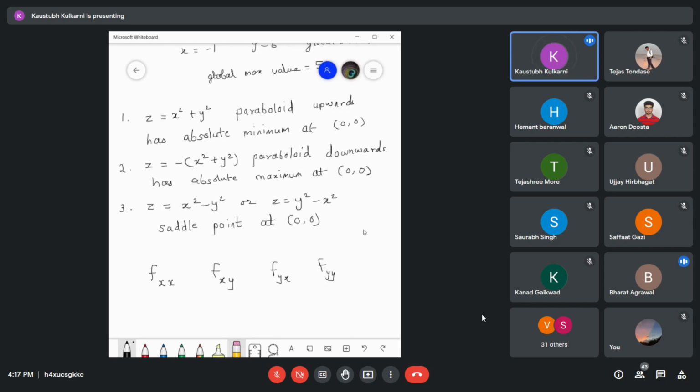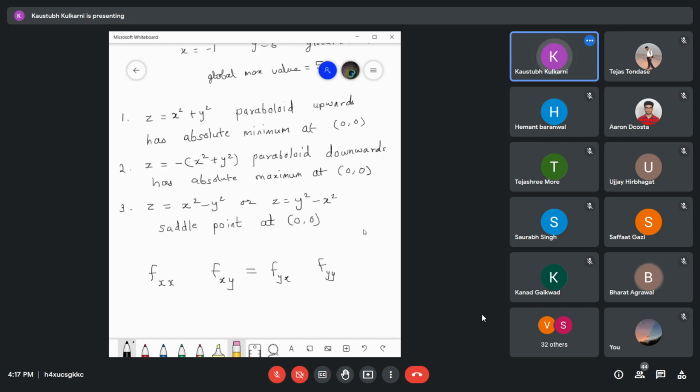So either you differentiate with respect to x first and then y, or you differentiate with respect to y first and then x. The notation is different, you can say fxy and fyx are different, but their value will be the same, so they are equal.